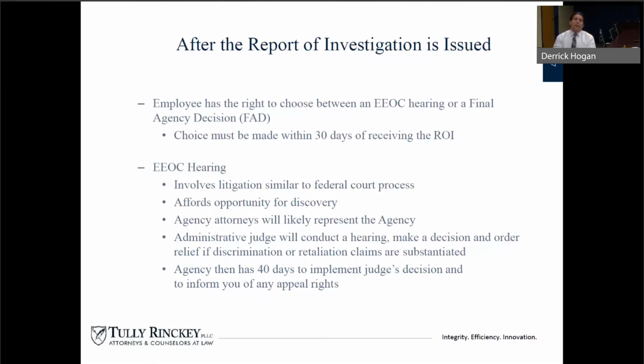And in fact, a lot of judges require settlement updates in their orders, where you and the agency have to file a joint report as to the status of settlement. Now, settlement takes two to tango, meaning both you and the agency have to want to engage in settlement discussions. Although not required, a judge is going to encourage that because, number one, it takes cases off their docket.